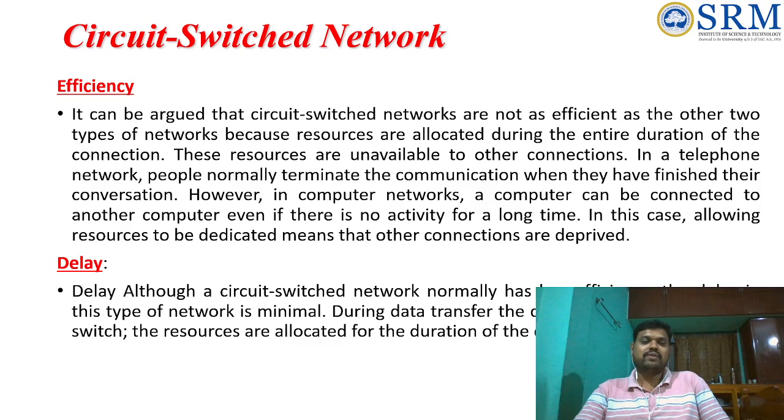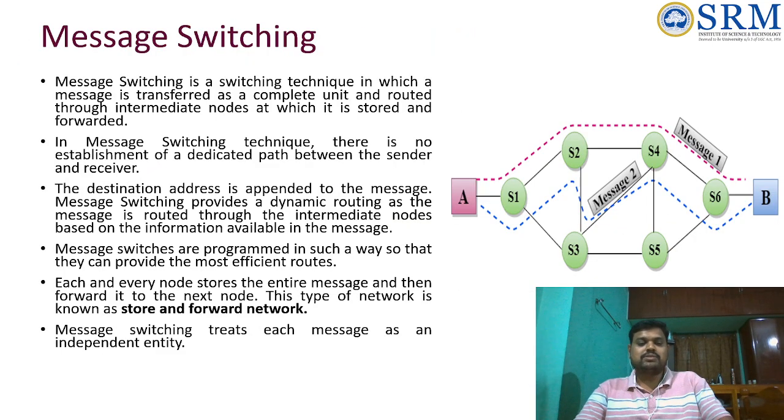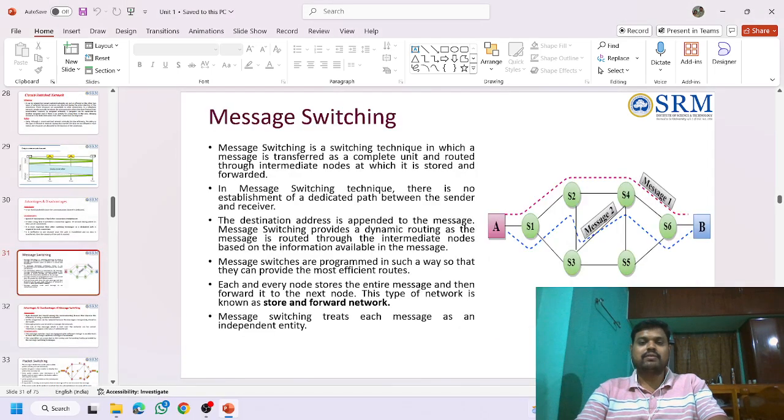So it is not efficient compared to packet switched network, and the delay is also high compared to packet switched network. The message switching and other things we'll discuss in the next course.